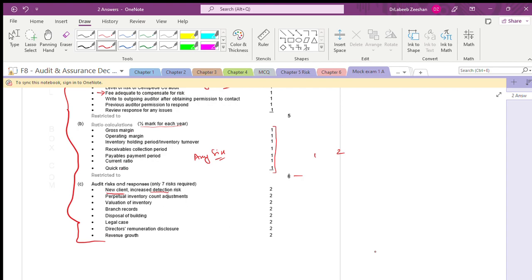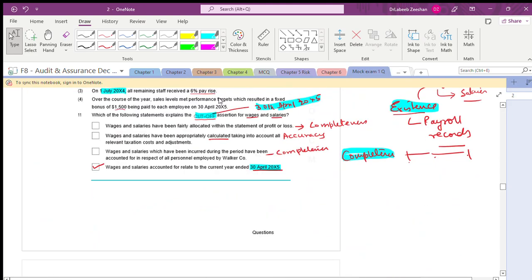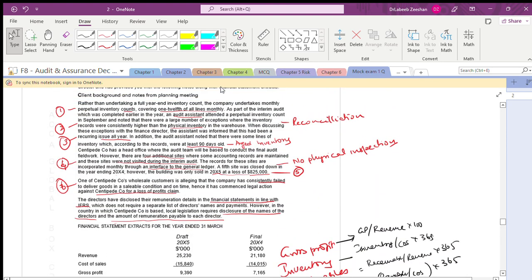Now, what they say is that it is a perpetual count adjustment. Is it right? Perpetual count adjustment means, what it says: the company undertakes a monthly perpetual inventory count system covering 1/12 of the lines of sales continuously.